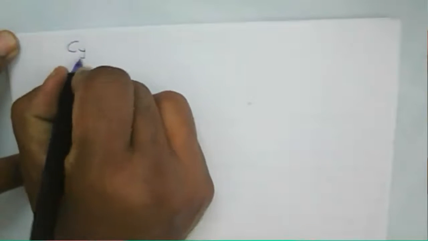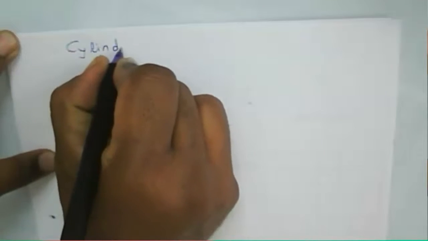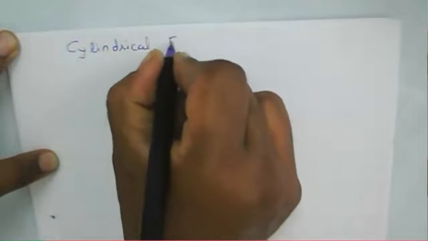Now consider a fiber, and that fiber has a core. If you see the core of a fiber, it is cylindrical in nature. So we consider a cylindrical fiber.